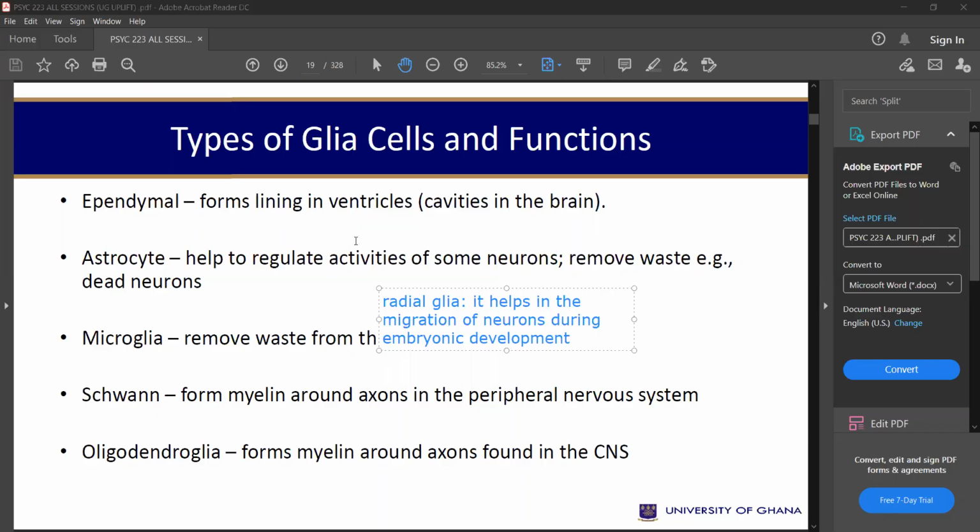So this glial cell also assists, especially when the baby is in the womb. When the baby is in the womb, there are a lot of build-ups, structures being formed. Within the brain also, neurons are being formed. So the radial glia assists in the development of neurons during the period that the embryo is still developing.